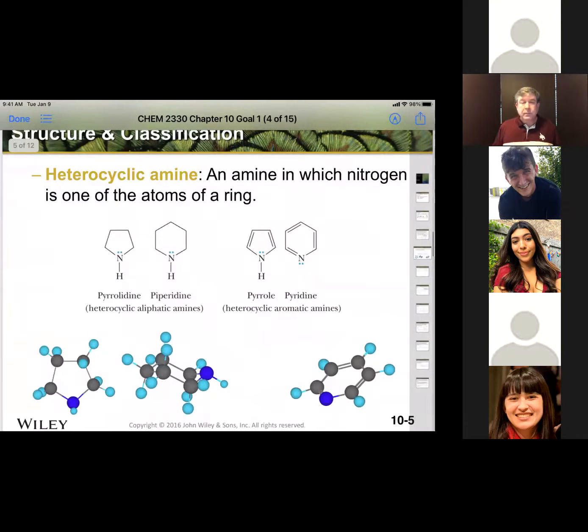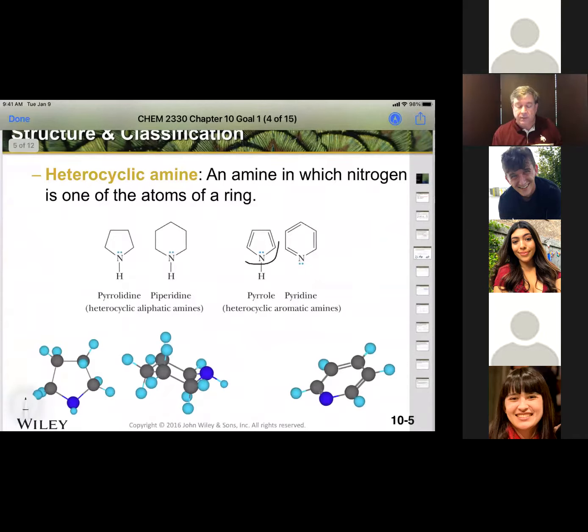In the next class we have what we call heterocyclic amines. We have two types. We have heterocyclic aliphatic amines, which means not aromatic. It can have double bonds, but it can't be aromatic. Those are rings containing nitrogen that don't meet the rules of aromaticity. Then we also have heterocyclic aromatic amines, things that meet the rules of aromaticity.